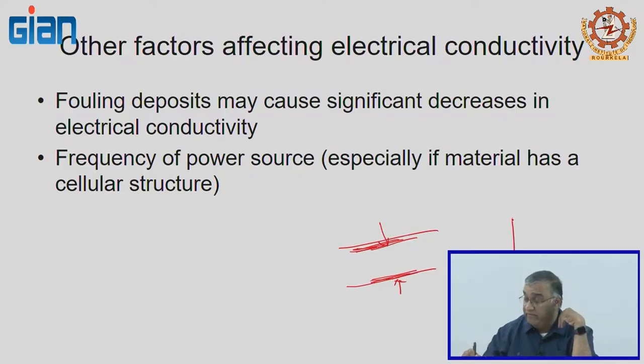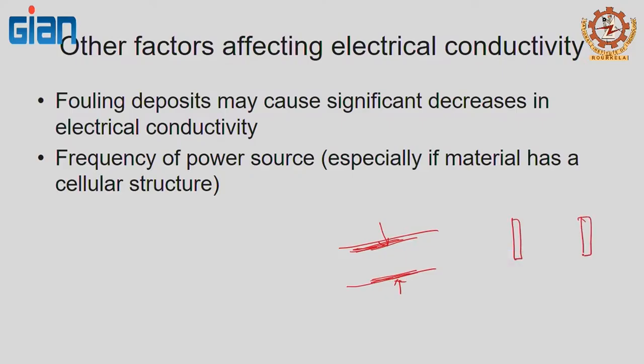The same way, when you have an ohmic heater, you're going to have an electrical resistance heater. With usage, you're going to start forming fouling, and that's going to decrease the efficiency of your electrical resistance heating. That means it's not going to pass the electricity properly, so you have to pay attention to that.